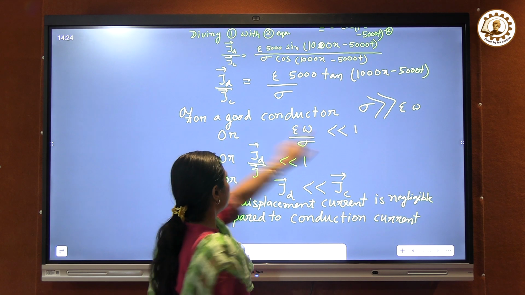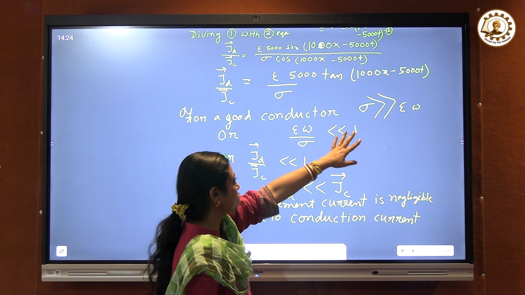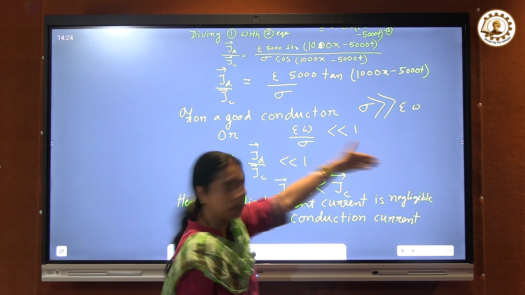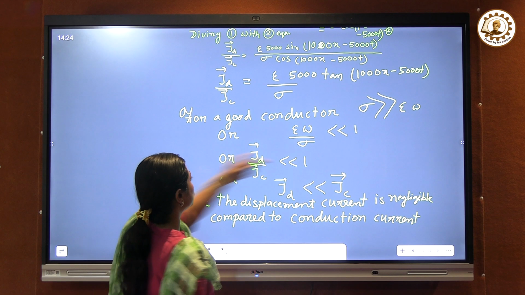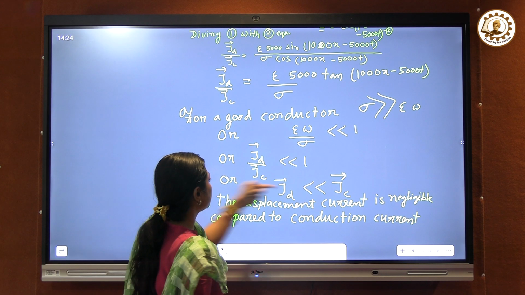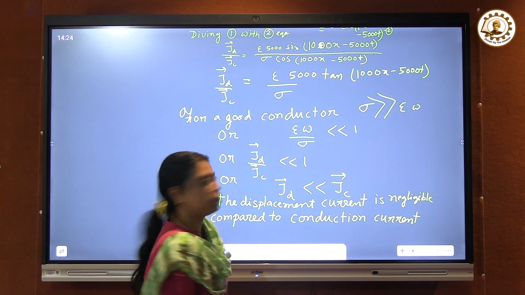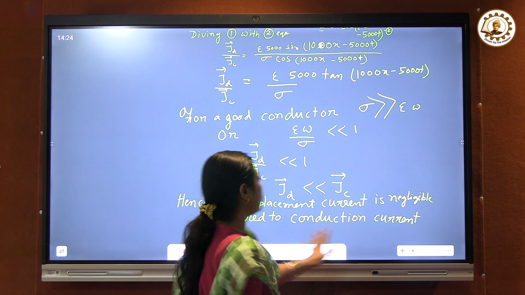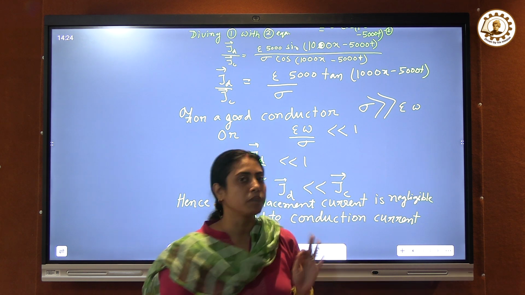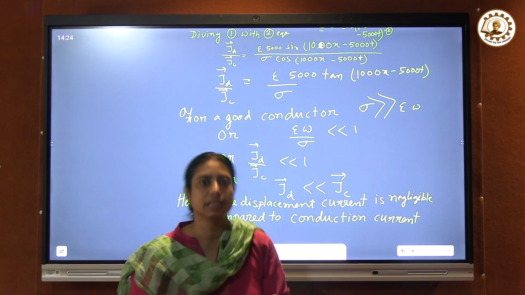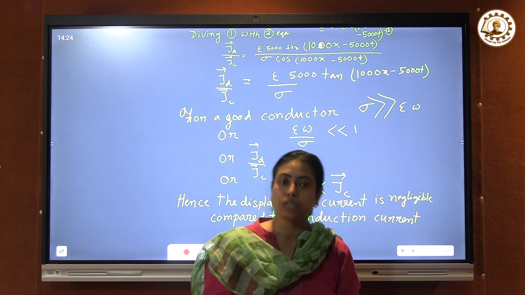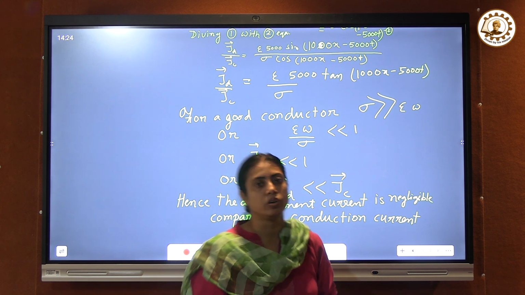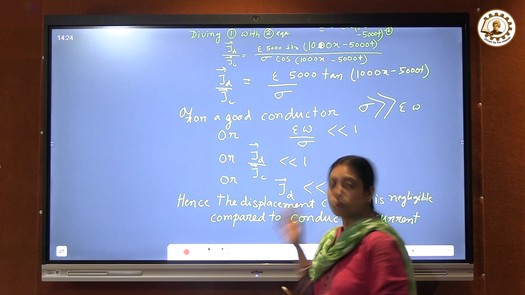So if sigma is much greater than epsilon omega, then the ratio is much less than 1, and so JD is much less than JC. Hence displacement current is negligible compared to conduction current. The first part gave us two formulas, and the second part gave us a logic to learn and remember. So this is the whole solution of this problem.